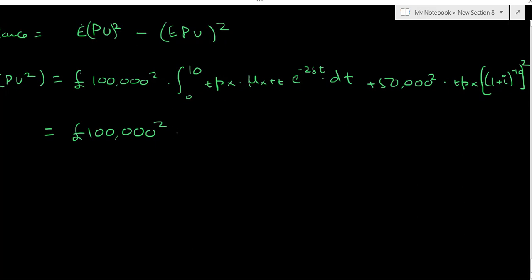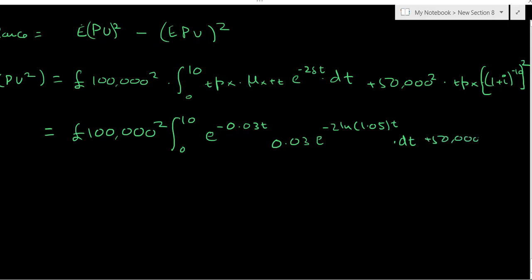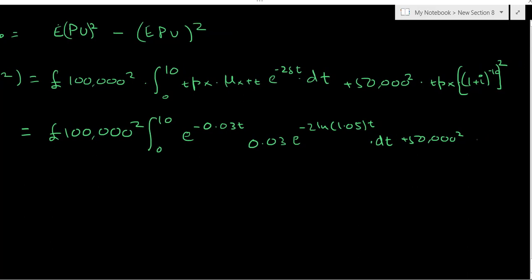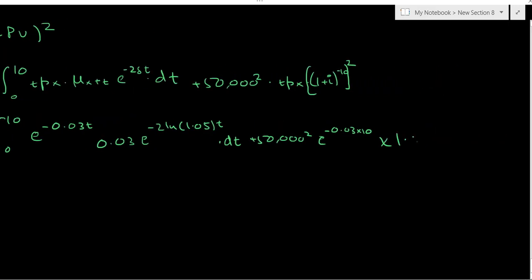If I put all the values, this is going from 0 to 10, e to the power of minus 0.03 t, this is 0.03, and this is e to the power of minus 2 log of 1.05 t dt, plus 50,000 squared into e to the power of minus 0.03 into 10, because this is the survival probability for 10 years, and into 1.05 to the power of minus 10 squared, so this becomes 1.05 to the power of minus 20.